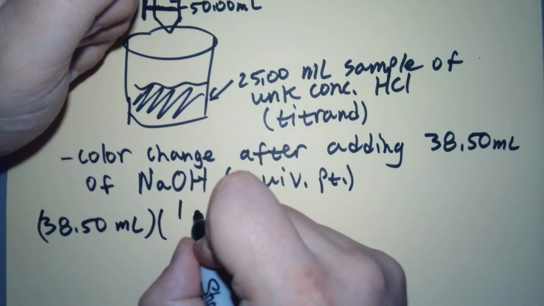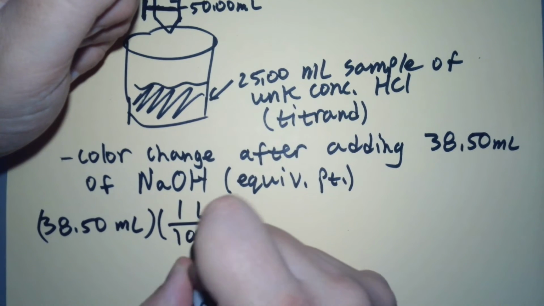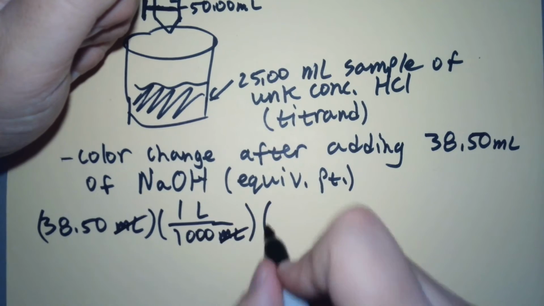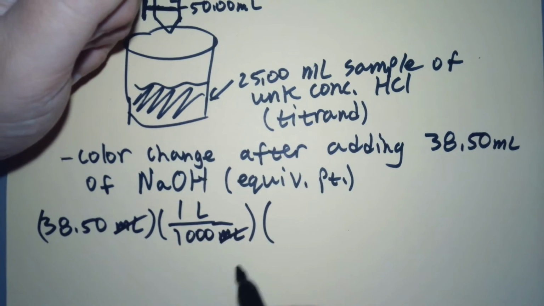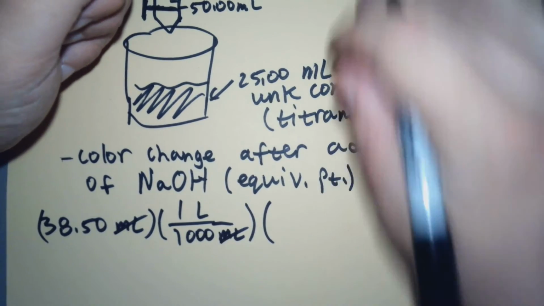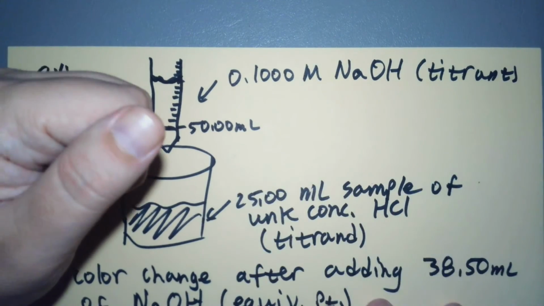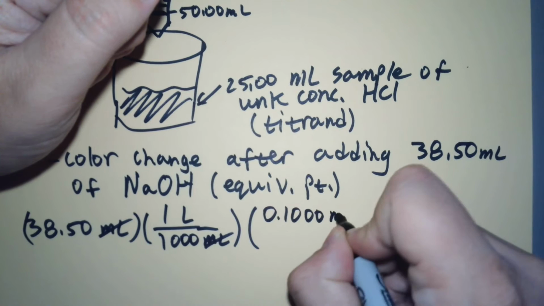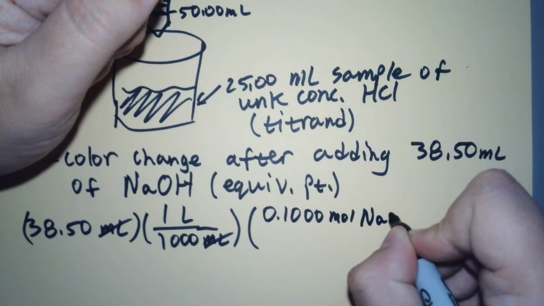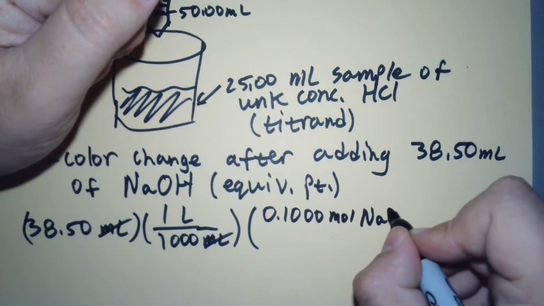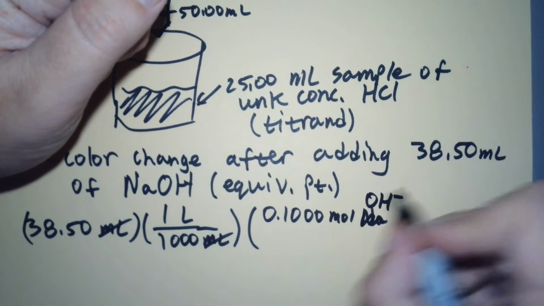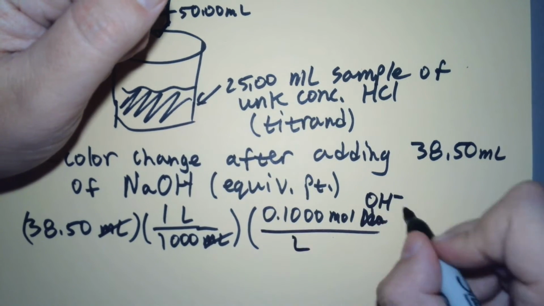Alright, well, let's see. I need to go 1 liter for every 1,000 milliliters. That gets me to liters when I divide by 1,000. And then we know this concentration, so that means there's 0.100 moles of OH minus per liter.